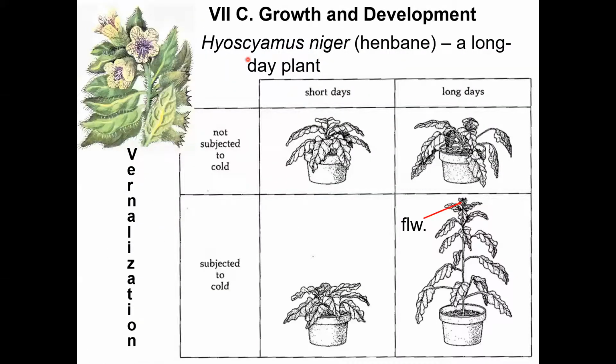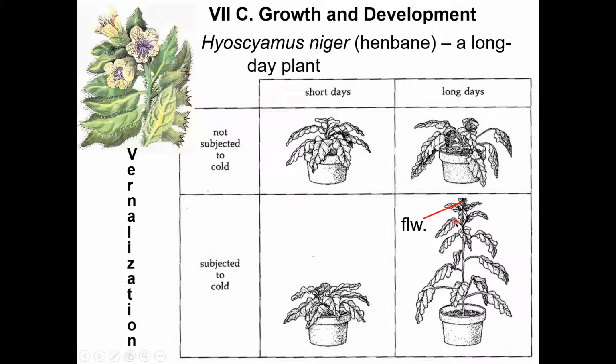This is a long day plant that's called henbane. I said that some plants have to have cold treatment, and this is one of them. It has to be subjected to cold to flower, in addition to having that long day, or actually short night, regimen.